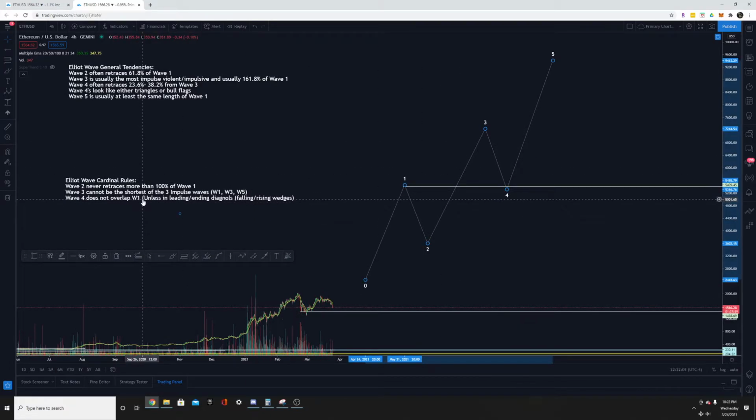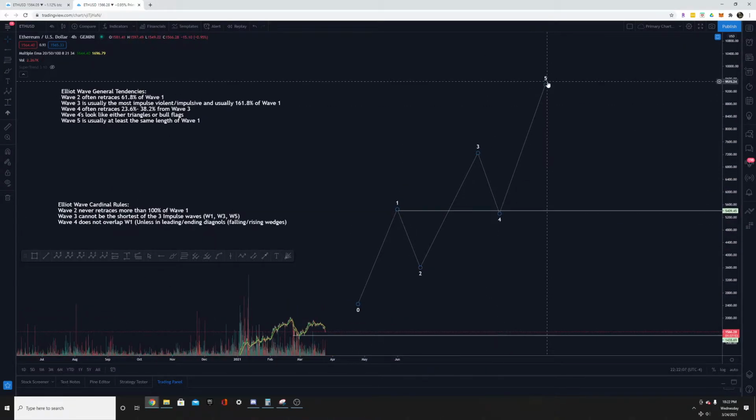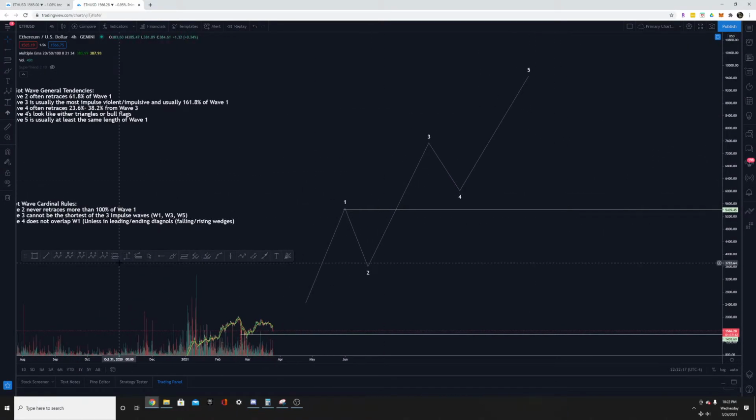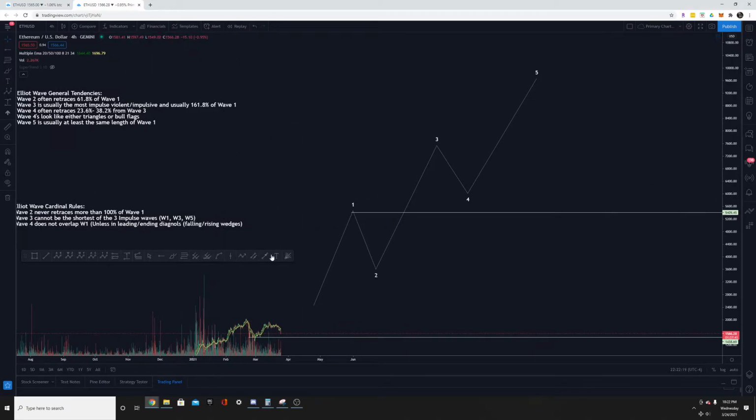The only time it can overlap is when it's in a leading or ending diagonal. Those are usually known as rising or falling wedges. So, for example, let's say we're working on this wave 5, right? And then it's kind of looking like a rising wedge.